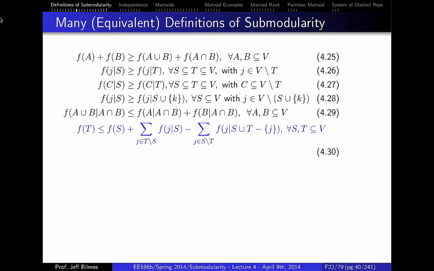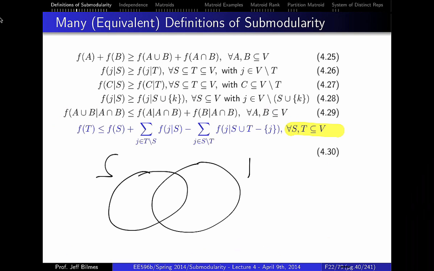Here's one that's interesting. Let's say that you take any two sets, S and T. This one has been, as you'll hear later in the course, particularly important for some recent work by our group in machine learning. You'll see why later in the course. This is an inequality that basically says, if you've got any two sets S and T, let me draw a picture. Let's put S over here and T over here.